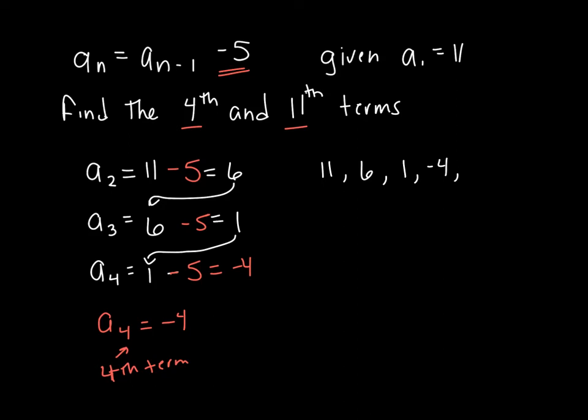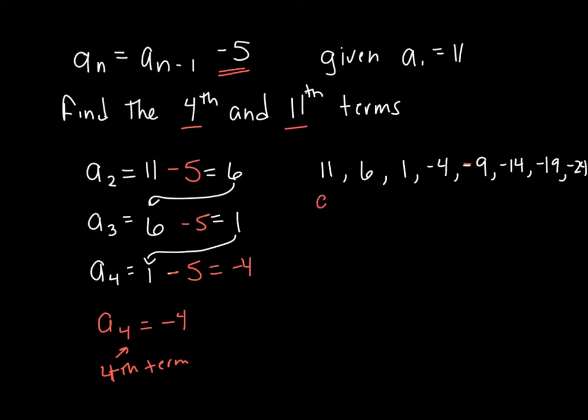So the next terms in the sequence are -9, -14, -19, and -24. Now, what are these terms?